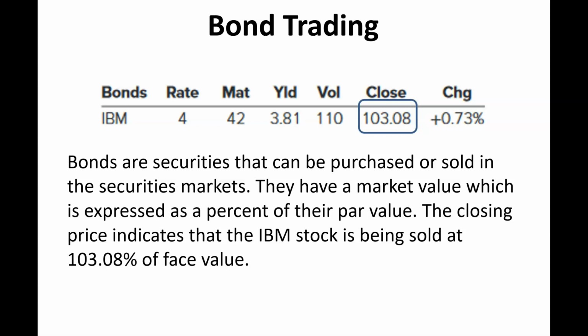Par value is 100%. So this one closed at 103.08% of face value. What that means is if the bond were for $100, par value would be 100. This closed at 103.08, which means it closed at $103.08.